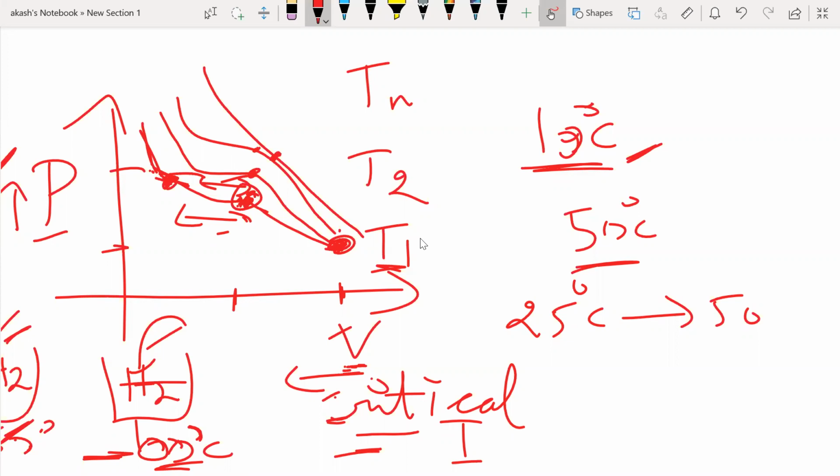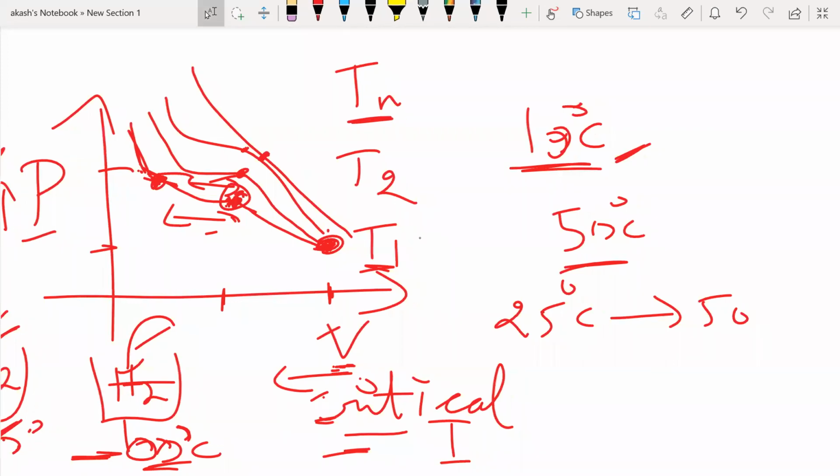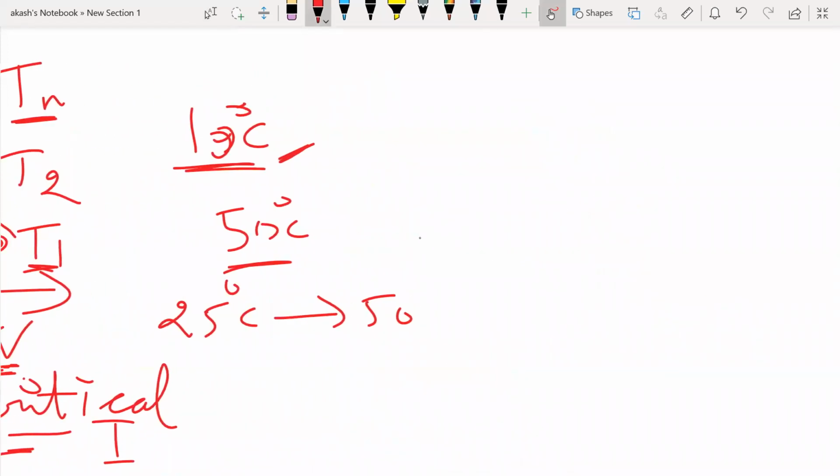Remember this point: the gas with a higher critical temperature can be liquefied with more ease than a gas with a lesser critical temperature. At the particular critical temperature, you are going to have a particular pressure and a particular volume, which are called the critical pressure and critical volume.